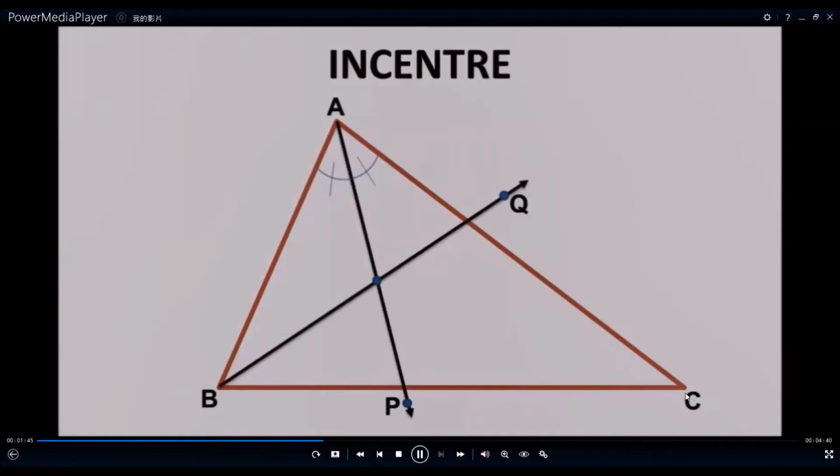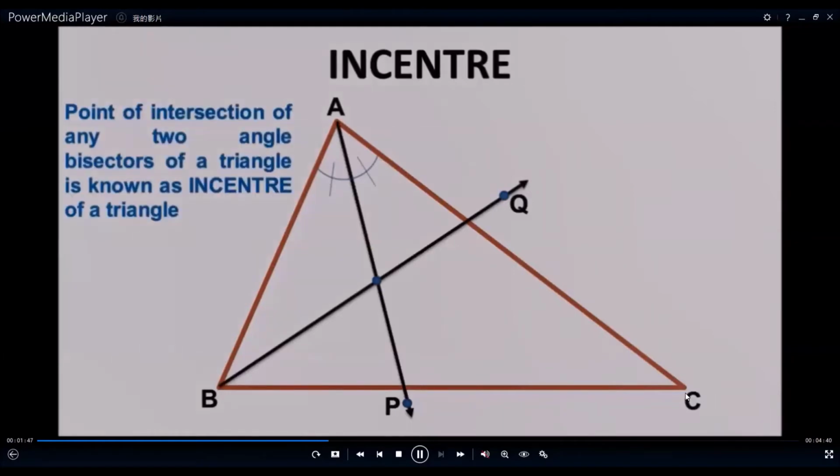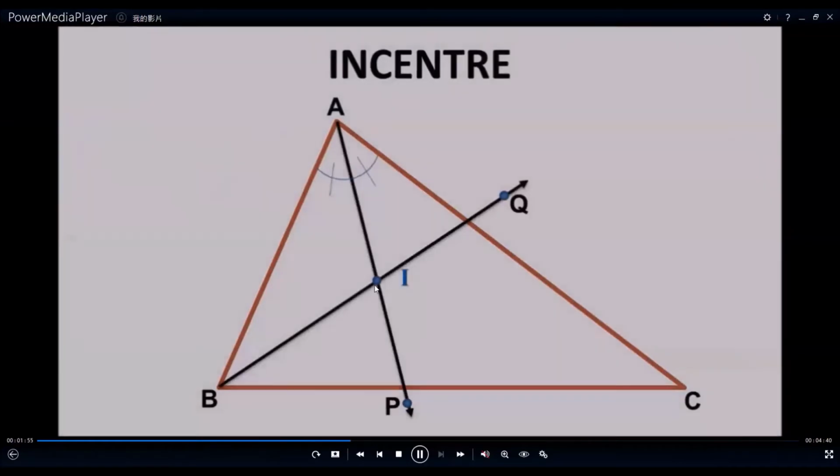Again, the angle bisector of C will pass through this point I. This is the in-center. You may see later, I will tell you, start from in-center, there's some characteristics.